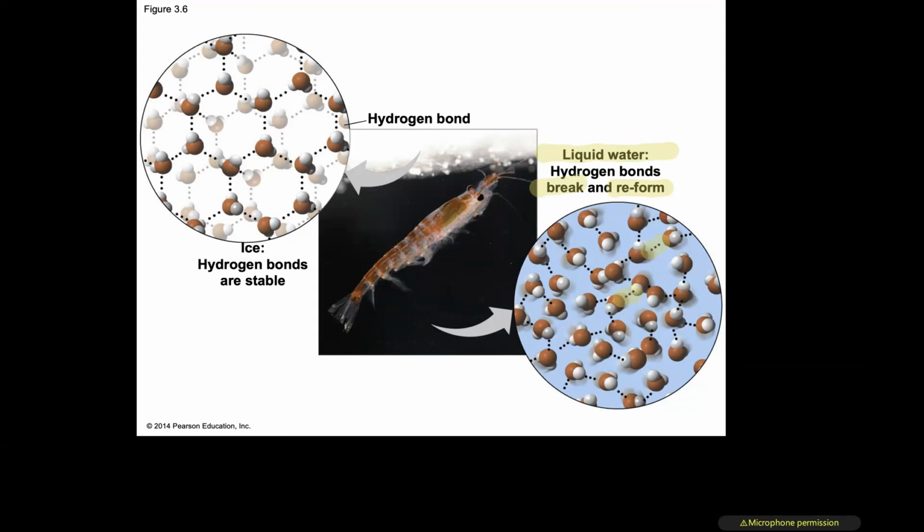But when your water freezes and turns to ice, the hydrogen bonds stabilize and stay fixed in this expanded state. This expanded state forms a lattice with all of those water molecules, okay? Because of this stability, and because they are expanded, ice is less dense than water.